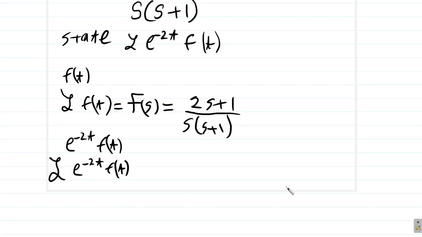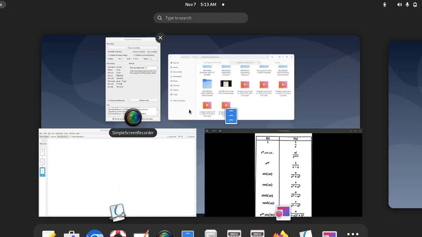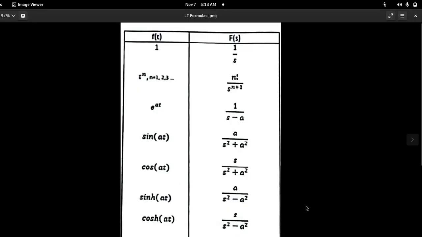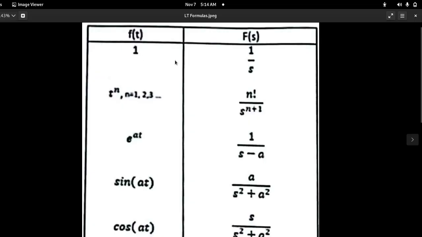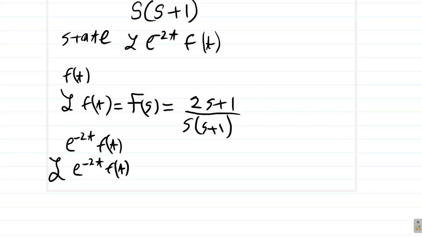Now let's see if our formula sheet can help us. Alright, now let's look at this. If we find the Laplace transform of 1, we have 1 over s.